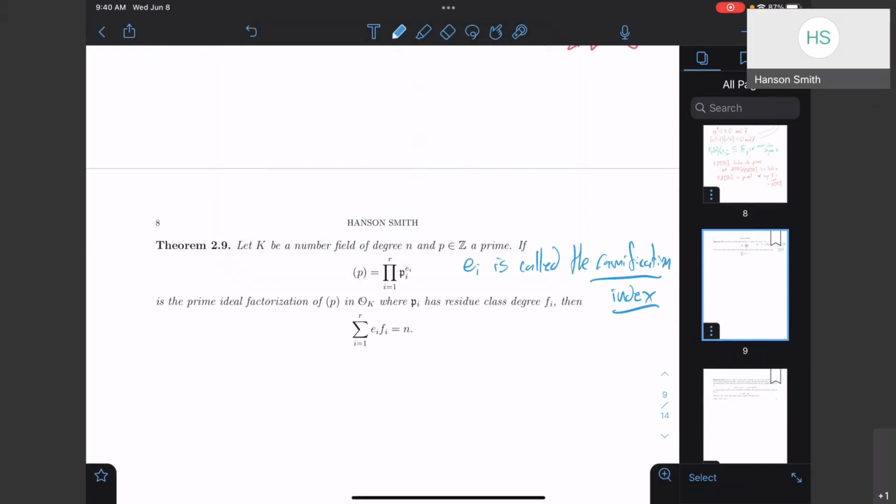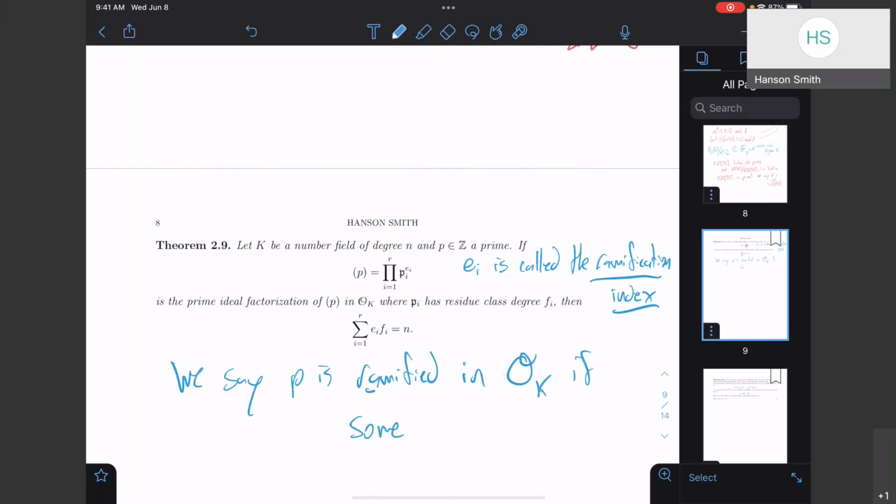And there's been a lot of really good questions about ramification and it being a confusing phenomenon. And so I'll just say that a kind of quick way to define ramification, if we already have this understanding of what's going on, is we would say P is ramified in O_K if some e_i is greater than 1.